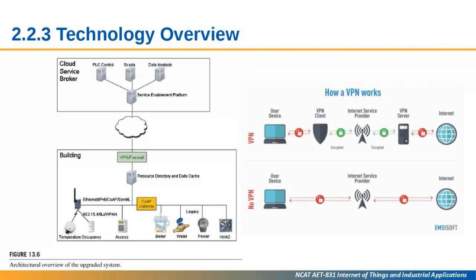So this is an updated architecture. It's very similar to before, but this time we'll use a CoAP gateway so that we can better integrate all the devices. And we may also use a VPN or a firewall to improve the security. For the VPN, I used this figure previously to illustrate that nothing is encrypted, so it may be subject to cyber attacks.